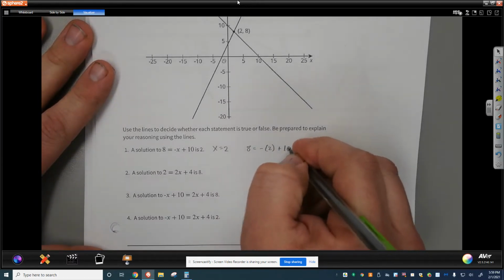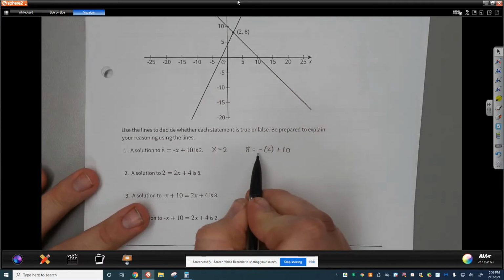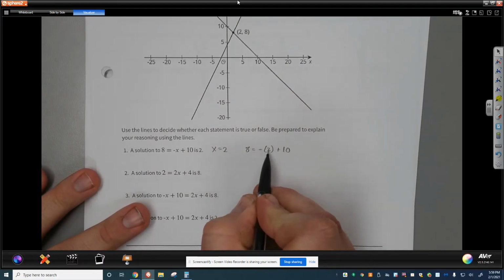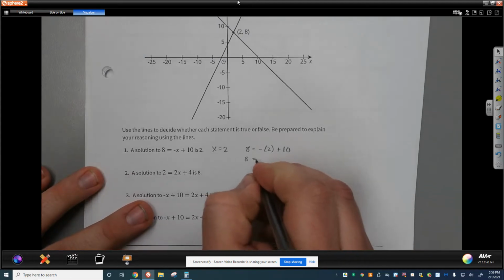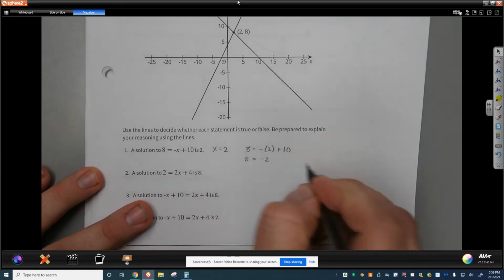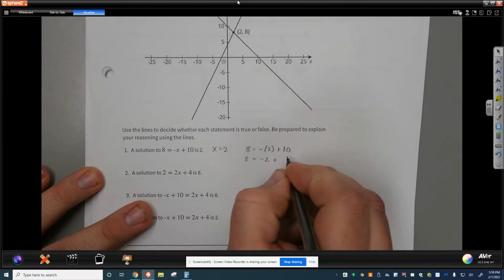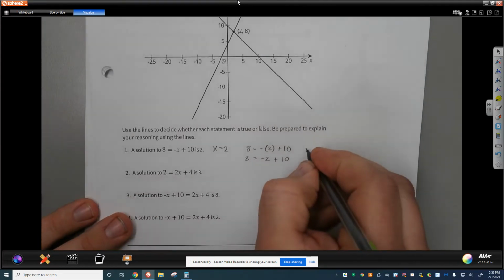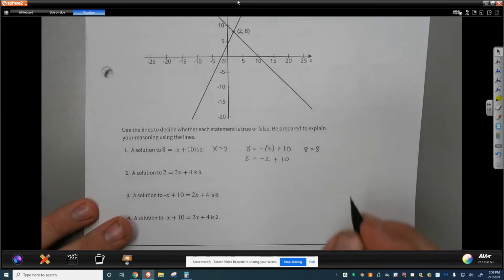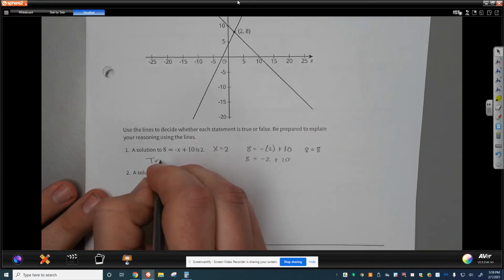So we would read this as 8 is equal to the opposite of positive 2 plus 10, which means 8 is equal to negative 2 plus 10. Then we add the values together and we see that 8 is equal to 8. So this is a true statement.